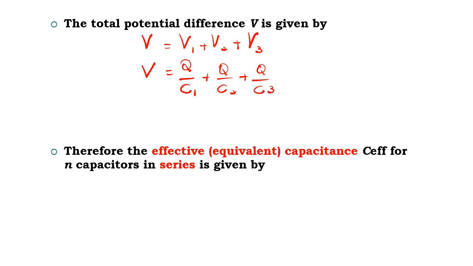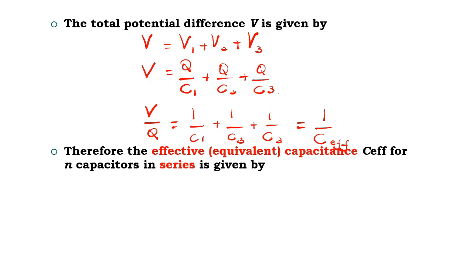Then we rearrange to get V over Q, which is 1 over C1 plus 1 over C2 plus 1 over C3, and this is equal to 1 over C effective.